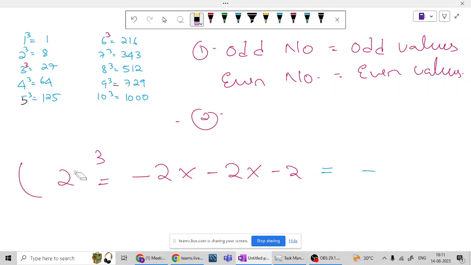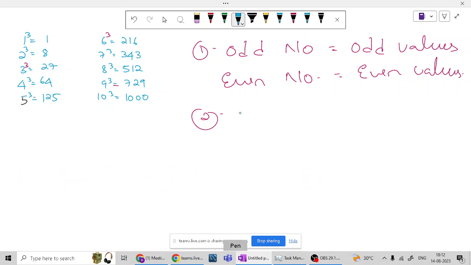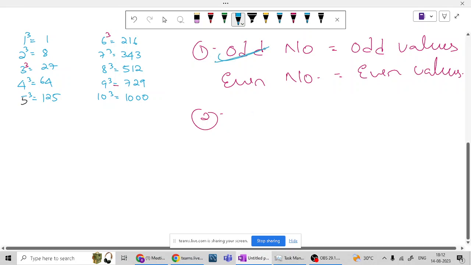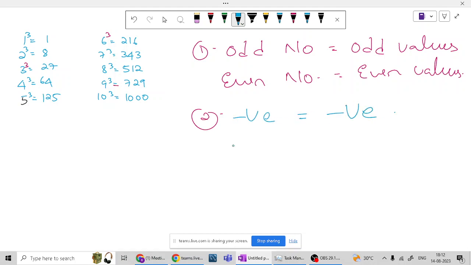For a negative base, the value is always negative. For positive numbers, what do you get? Always positive.